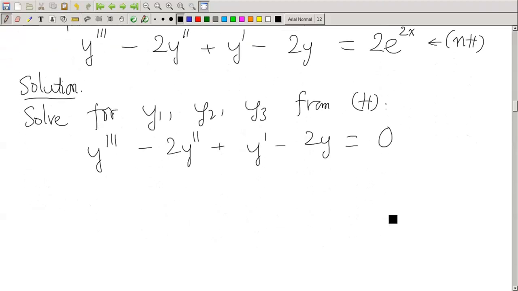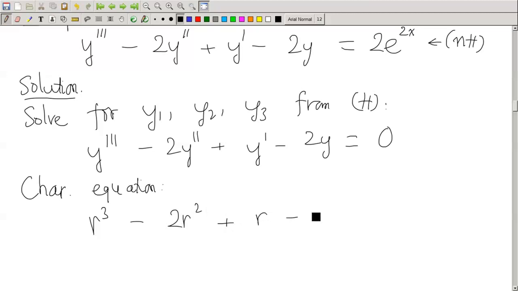And we can just write out the characteristic equation: r cubed minus 2r squared plus r minus 2 equals 0.